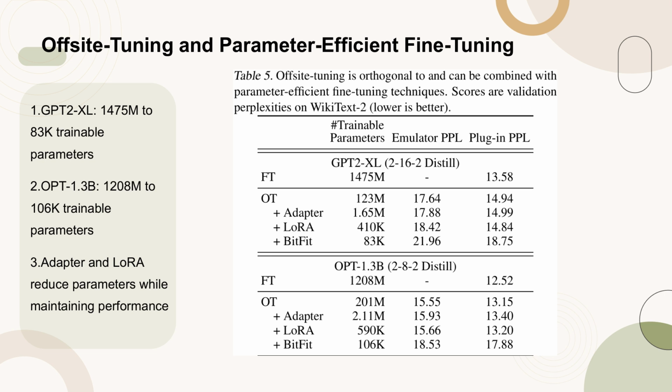Similarly, for the OPT-1.3b model, the reduction is from 1208 million to 106,000 trainable parameters. These results highlight the effectiveness of combining offsite-tuning with parameter-efficient fine-tuning methods to achieve substantial parameter reduction without compromising performance.